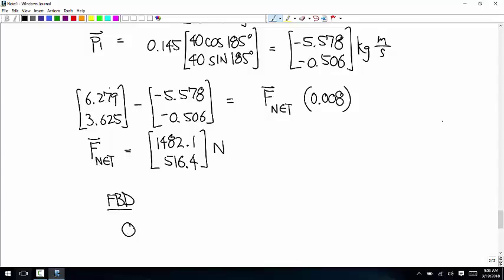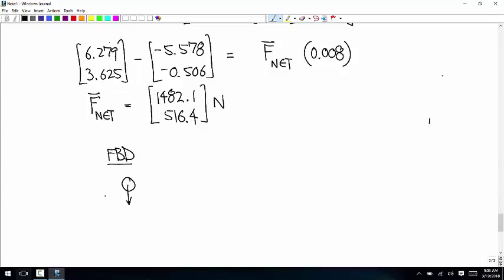But we have, yeah, right. So the weight is 0.145. Can someone calculate that? 0.145 times 9.81. So 1.42.